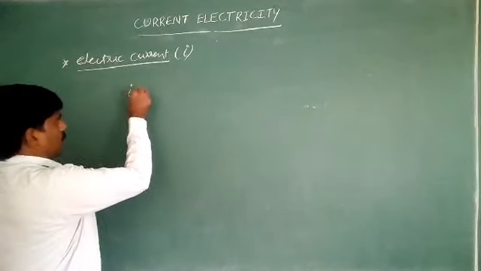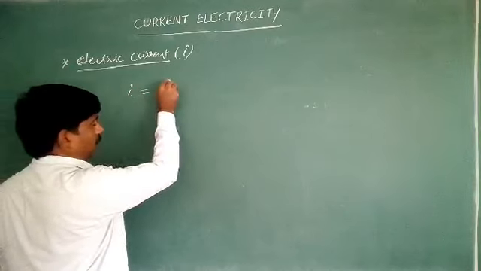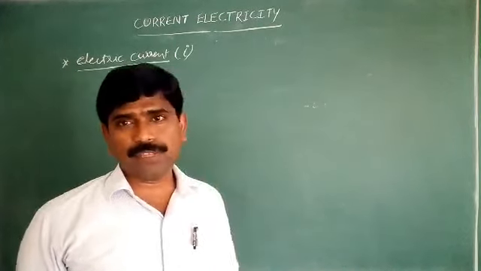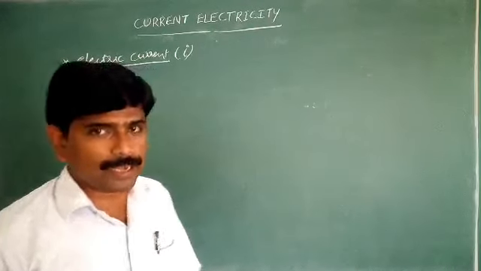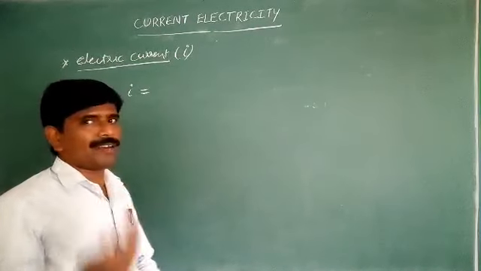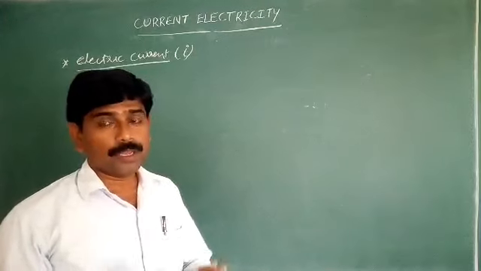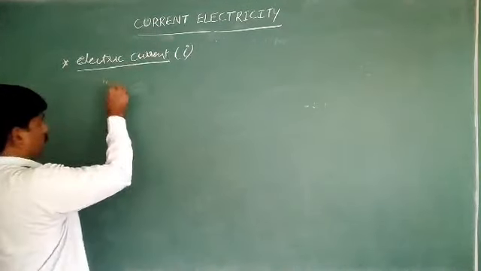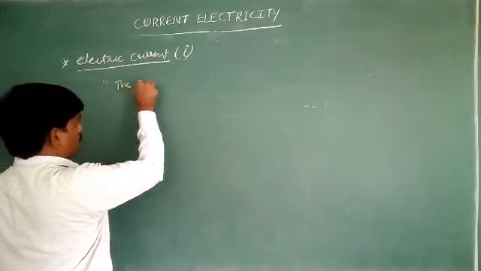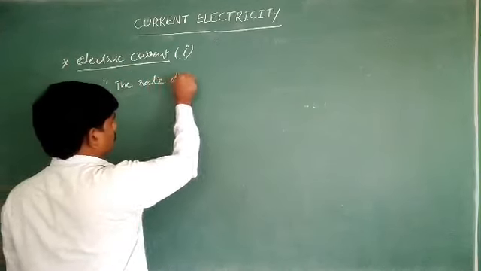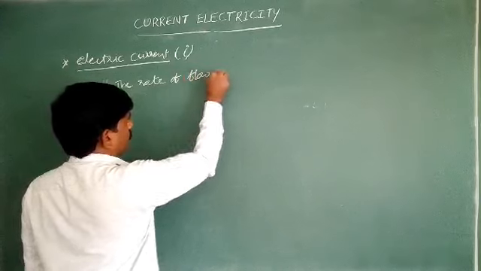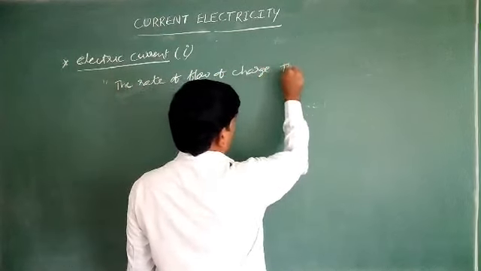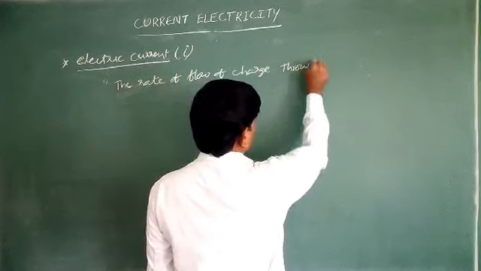Electric current is defined as the rate of flow of charge through any cross section of the conductor.